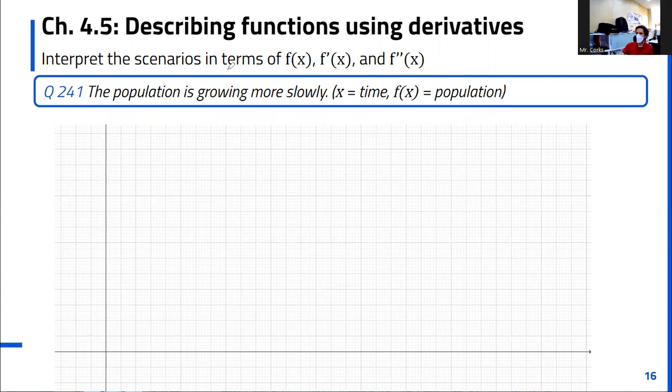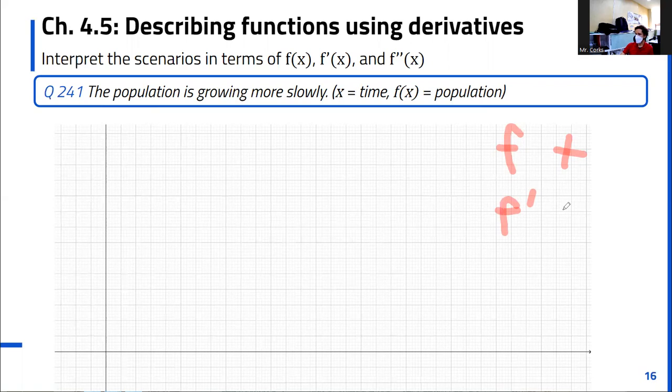Okay, population is growing more slowly. All right, well, first f of x, negative populations don't make sense. So population is positive. Second, our first derivative here is growing. Growing means it's getting bigger, it's going up.